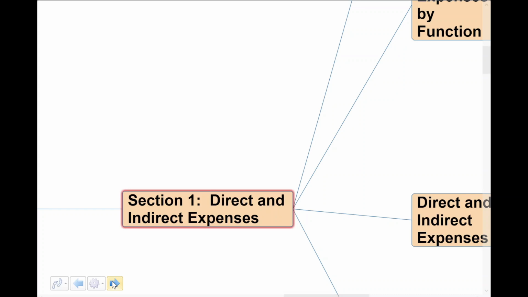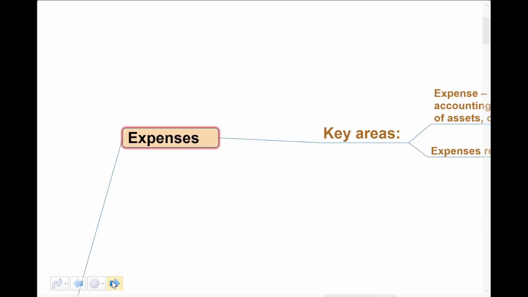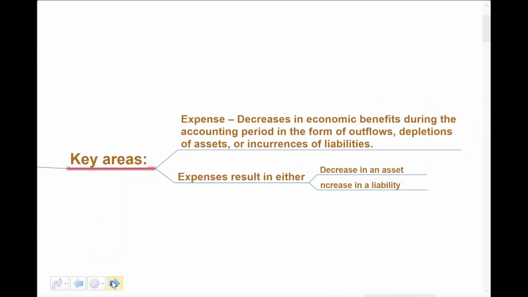When we think about expenses, we're talking about areas of expenditure that in effect decrease economic benefit during the period. We're talking about an outflow, a depletion of assets, or in some way a worsening of your liability position. So your liabilities increase.